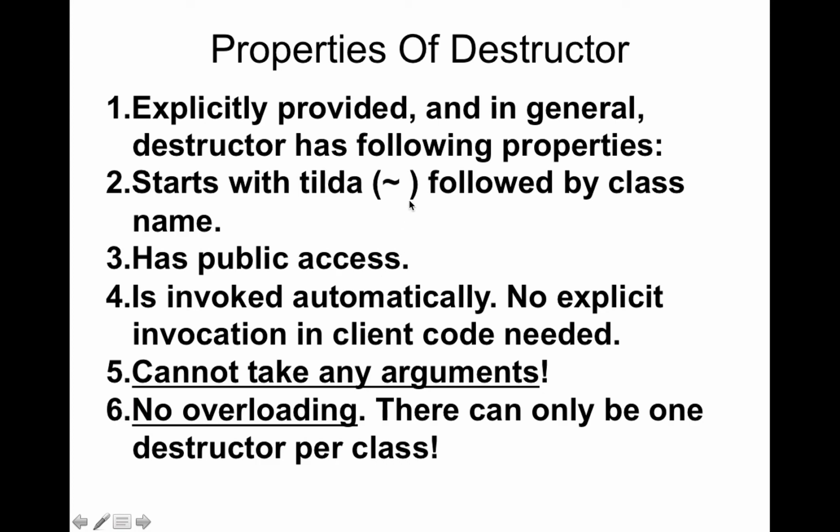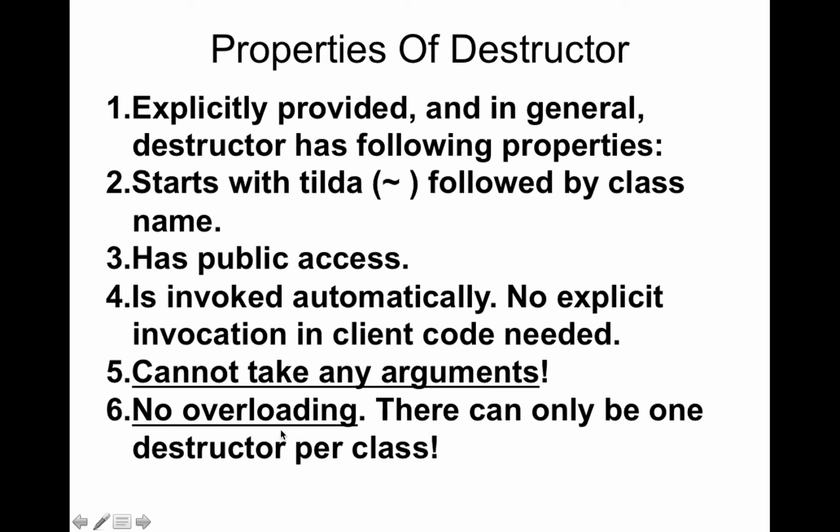So these are some of the properties of the destructor, if you provide an explicit destructor. It starts with the tilde, followed by the class name, has public access, and is invoked automatically, so no explicit invocation in client code is needed. Destructors cannot take any argument, constructors can.